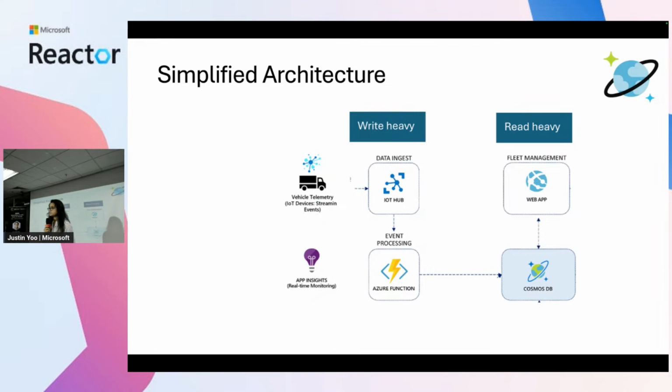Here we will ingest IoT data from our vehicles in the fleet at a very high rate. And the second is the read heavy scenario, where we want to monitor the real time status of our vehicles, consignments, and packages in the fleet, so that we can monitor them in case any issue arises. That requires reading data from the database at a very high rate as well.